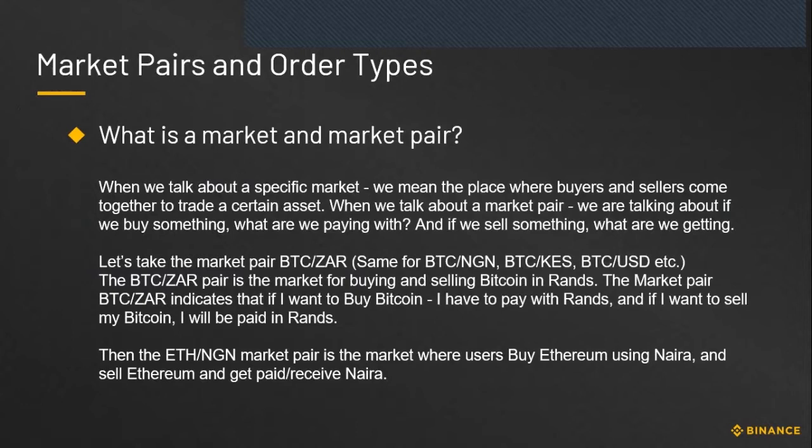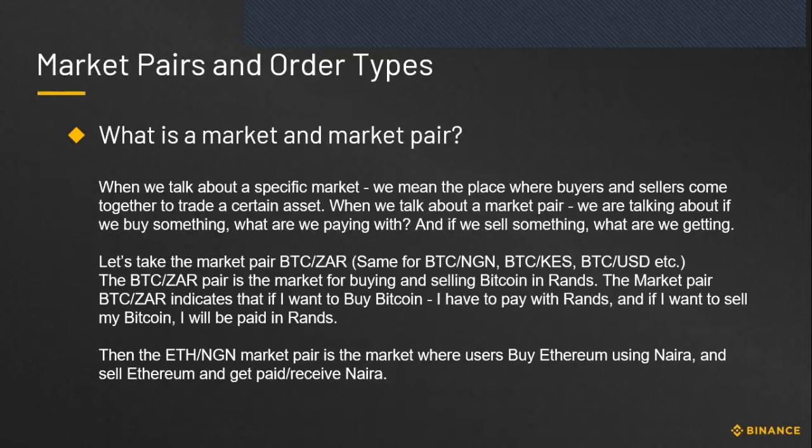So what are we getting in a sense? What you are getting in exchange for your asset, for example, the market pair for BTC and NGN is the market of buying and selling Bitcoins in naira.